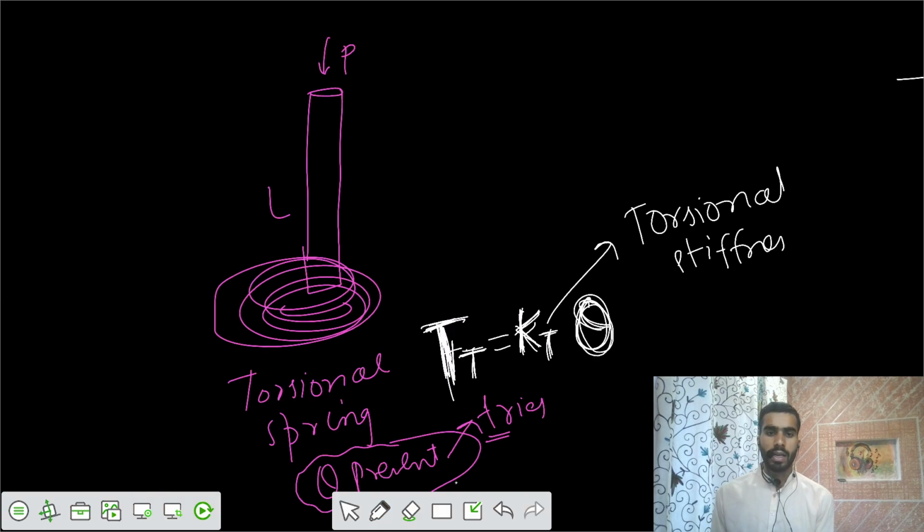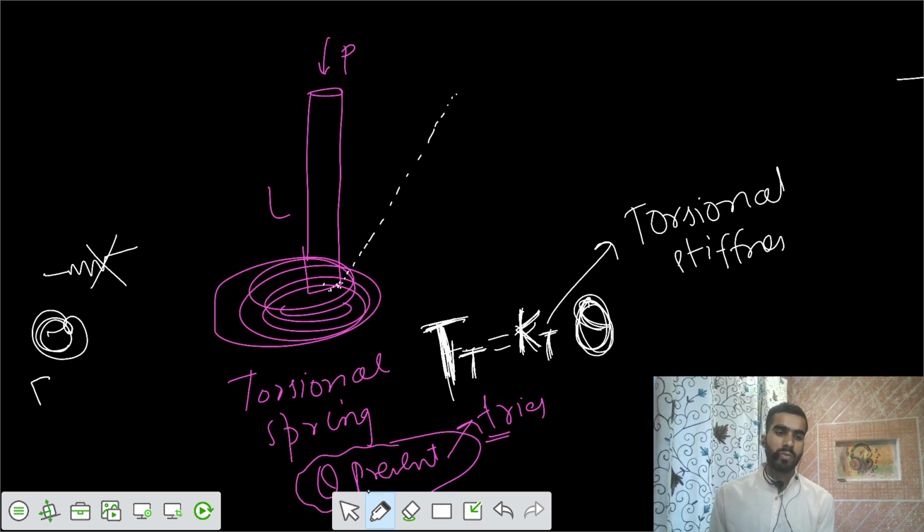If I say your column from this side would go anywhere, it would develop some theta, and based on that theta, it won't get linear stretching or contraction, but it would go under some rotation. Because of that theta, some force is developed that is equal to Kt times theta.